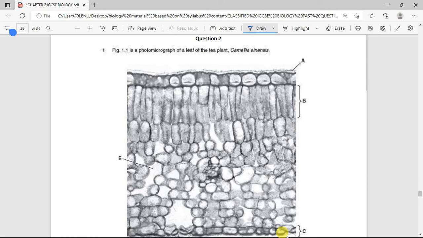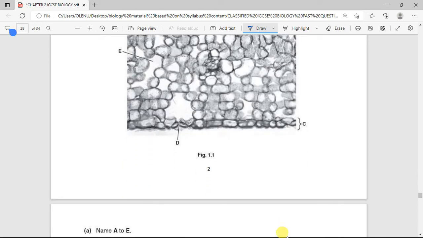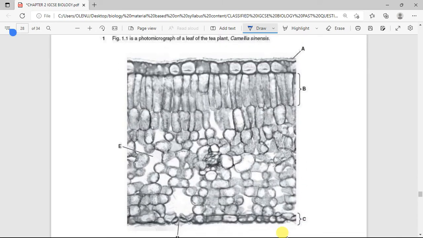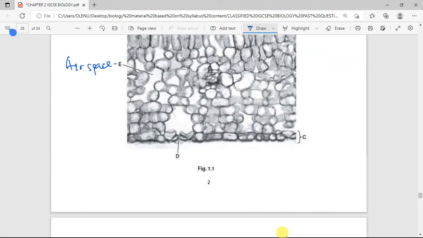Now, figure 1.1 is a photomicrograph of a leaf of a tea plant. This kind of question comes up. This is the palisade mesophyll tissue, because you're looking at a group of all of them. Mesophyll tissue. This is the air space, and this is your stomata.